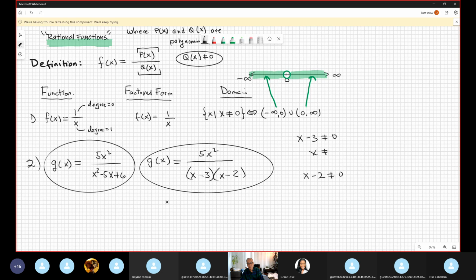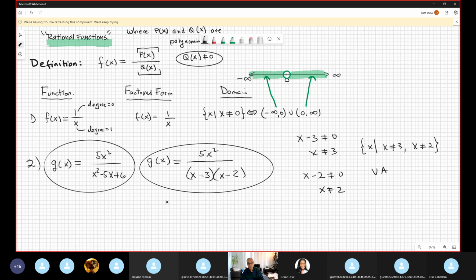Okay, not 3 and not 2. Entonces, the domain you write, in either way, suppose the easy way to write is x such that, in set builder notation, x not equal to 3, comma, x not equal to 2. This is our domain. Entonces, at these 3 and 2, we have 2 vertical asymptotes.